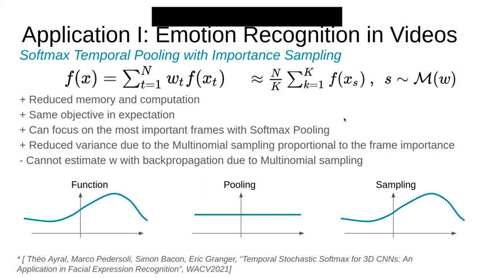So far, everything is fine and nice, but the only drawback is that as we use the weights W to sample, we cannot use backpropagation to learn these Ws.